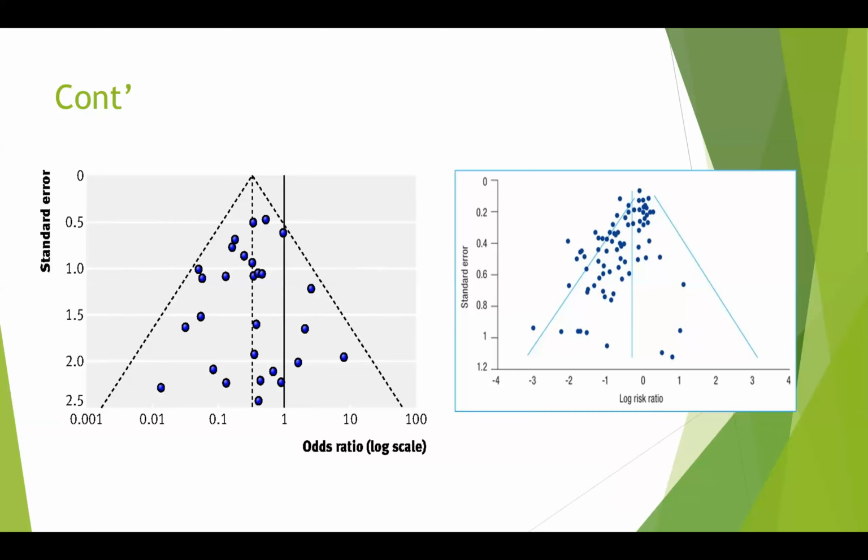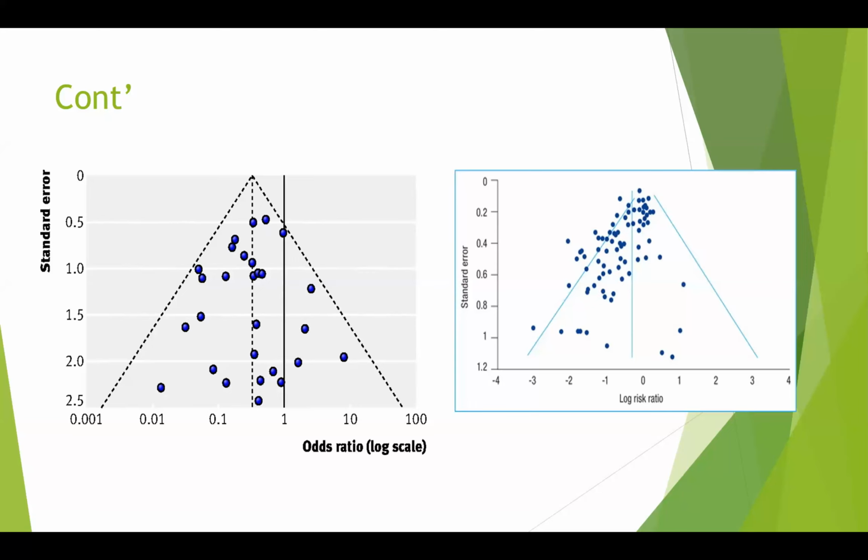Why are we saying there is publication bias here? We assume that if we included almost all different kinds of studies, regardless of sample size, whether the study used a small sample size or a big sample size, we would end up getting something close to what I have shown on the left-hand side.